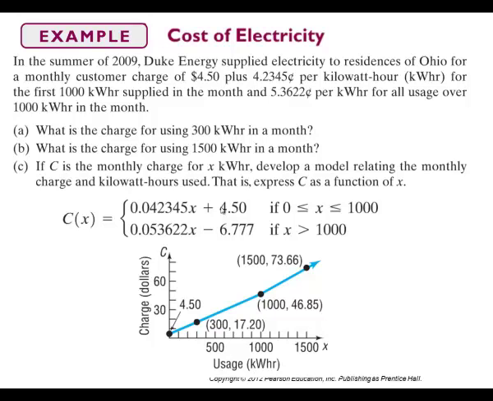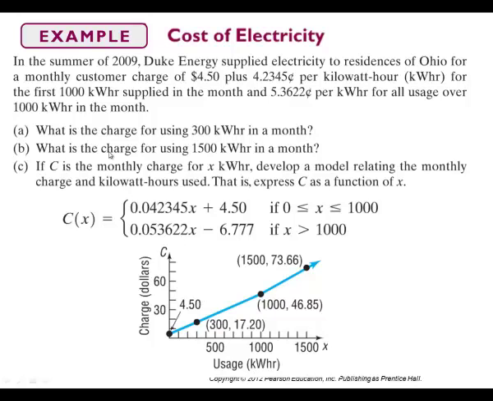So we would put in 0.04234 times 300, and then plus 4.5, and we get 17.2035. And so on the graph, they have 17.20. So that's pretty close to what we had.